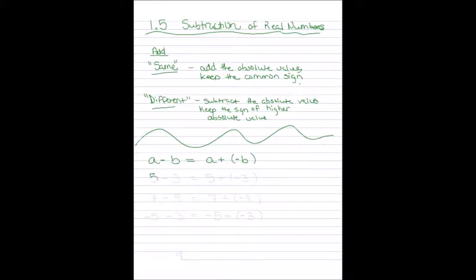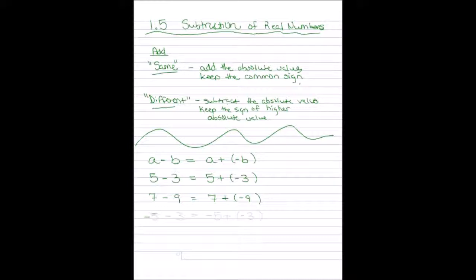So if I had numbers in here and I wanted to write this 5 minus 3 as an addition problem, it would be 5 plus negative 3. Say if I had 7 minus 9. If I change this into an addition problem, it will be 7 plus negative 9.